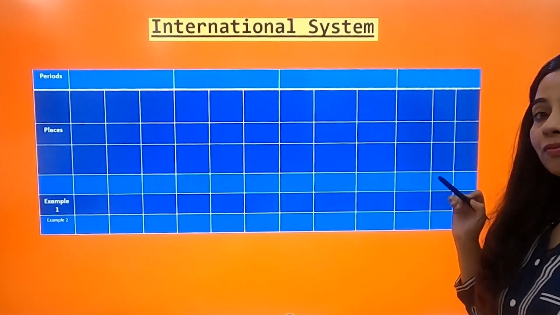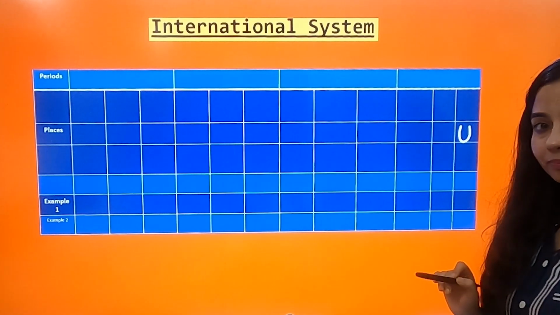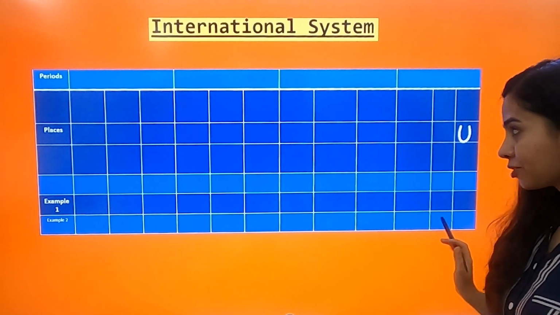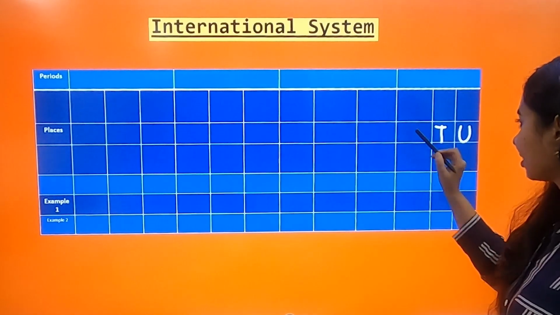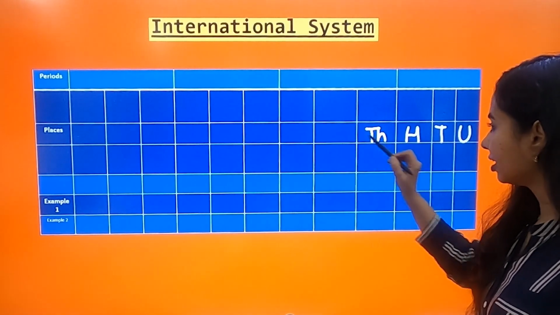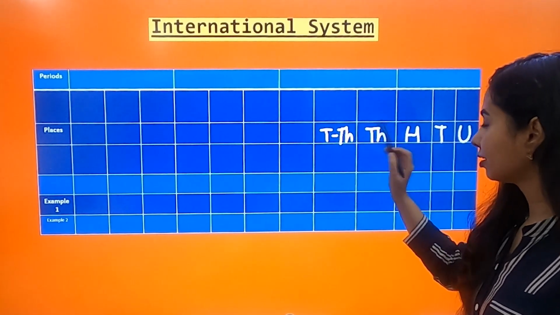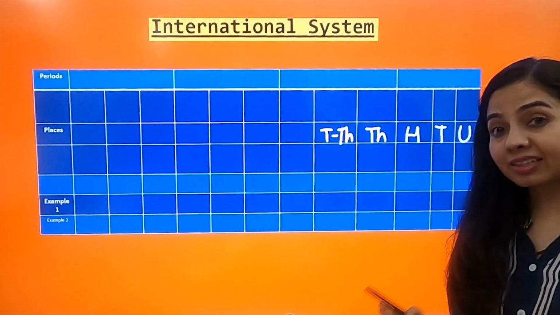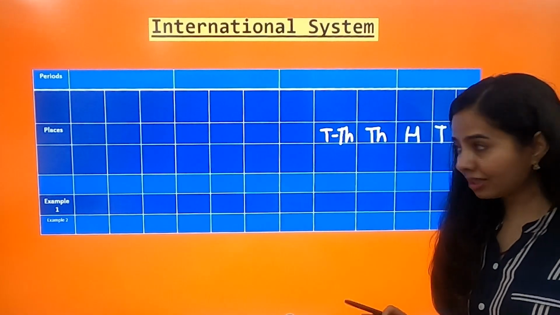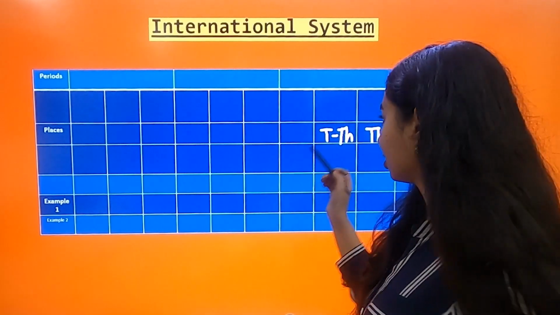So the first place is the units place in the international system also, then tens, then 100, then 1000, then 10,000. Till here, for places, it's exactly the same, right? And from now onwards, we'll see the change.